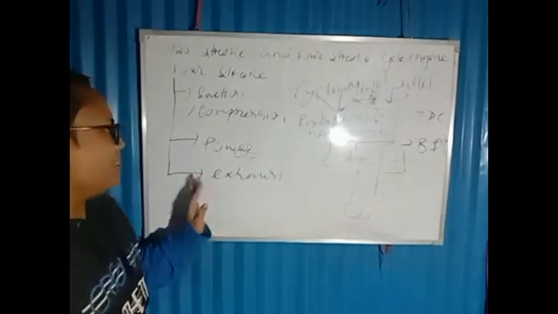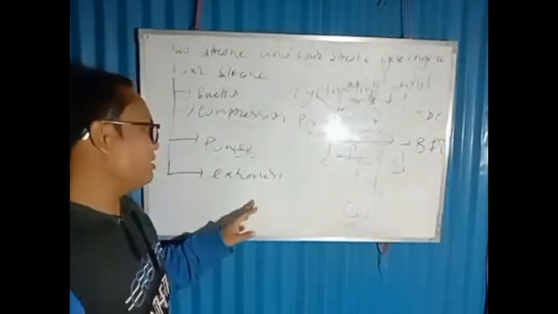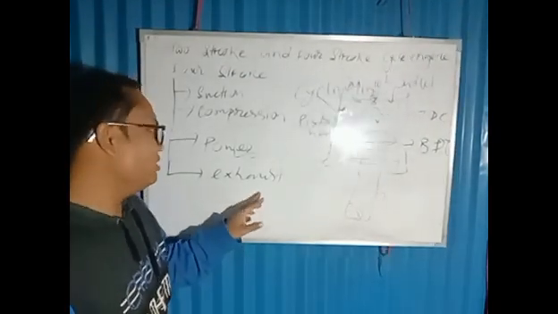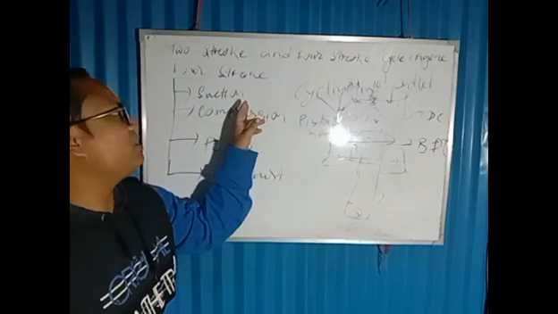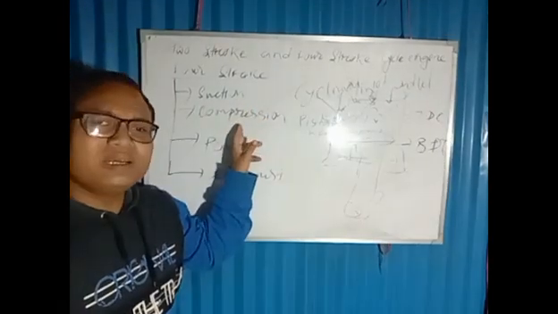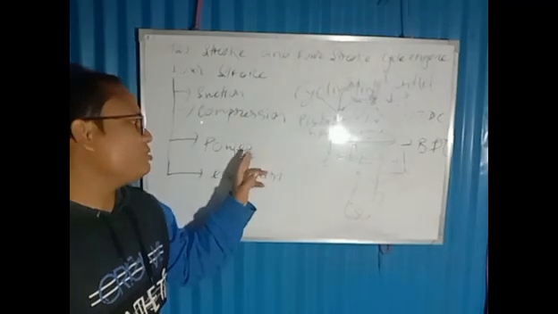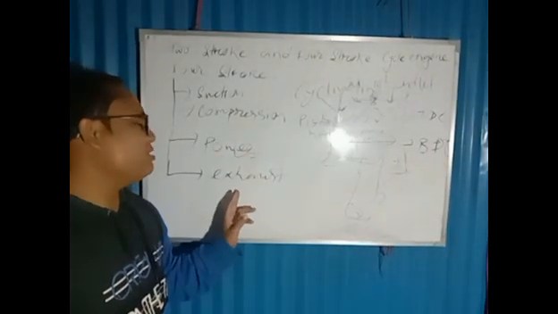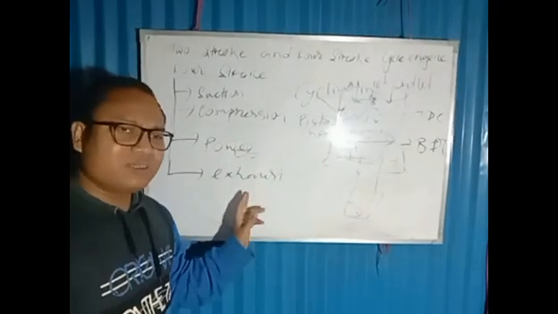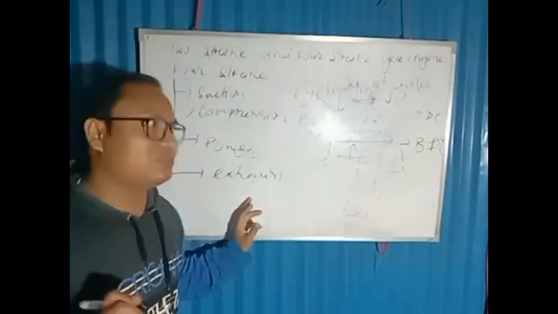I forgot to mention a point. When the suction and compression strokes are complete, the engine completes one revolution. Then the other two strokes, the power stroke and exhaust stroke, complete another revolution.